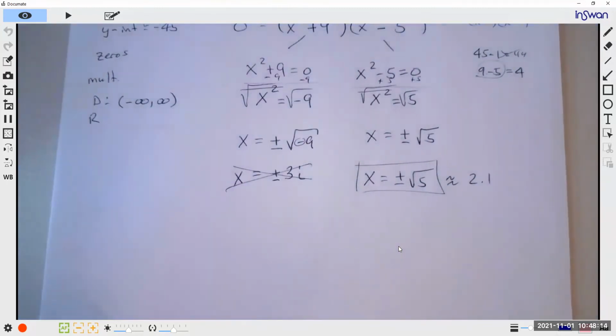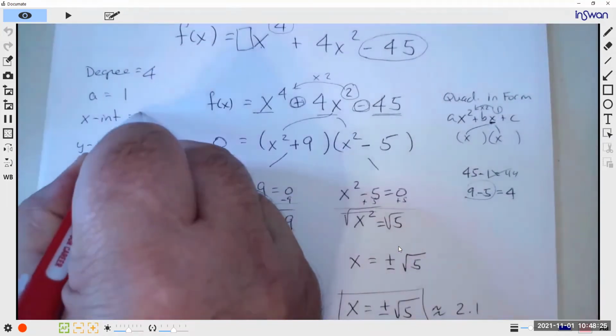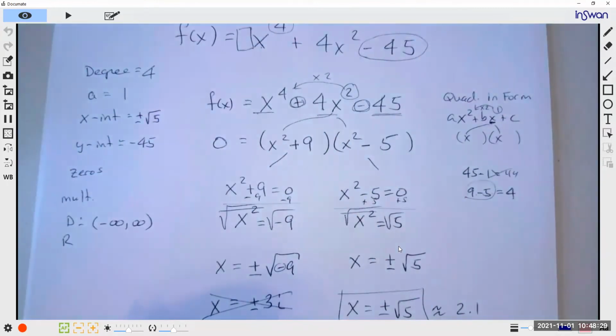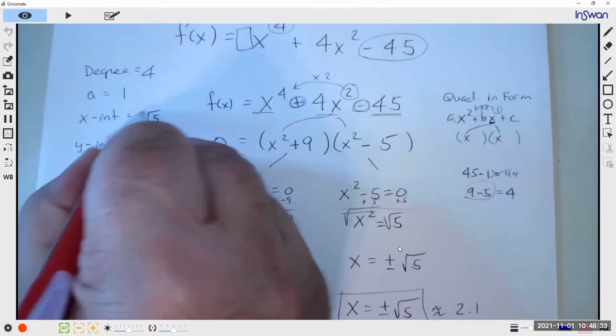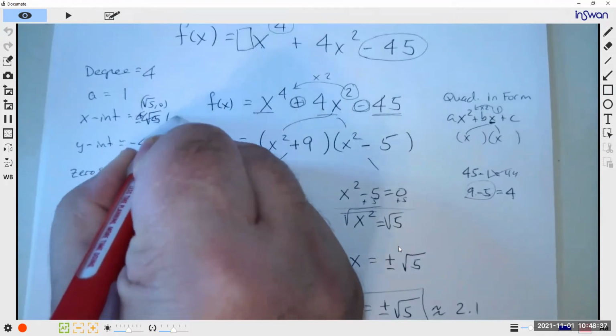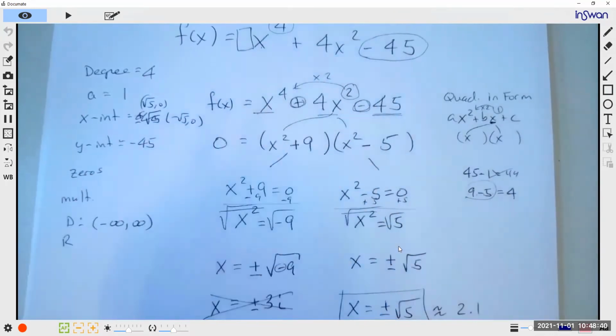So it's just a little bit bigger than 2. So our x-intercepts are plus minus radical 5. Radical 5, comma 0, negative radical 5, comma 0.